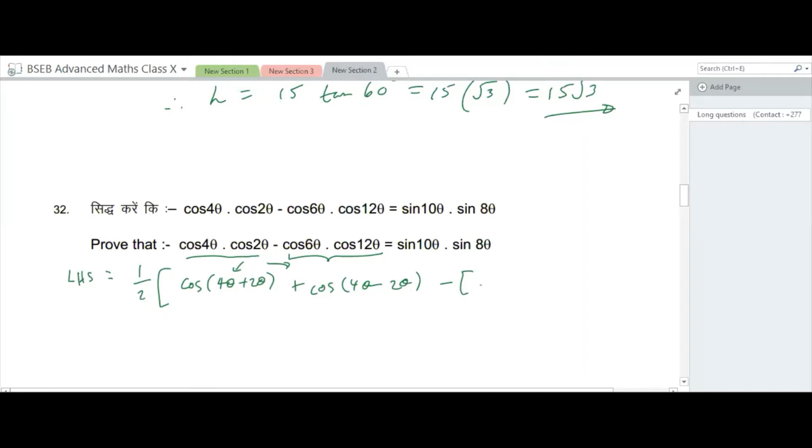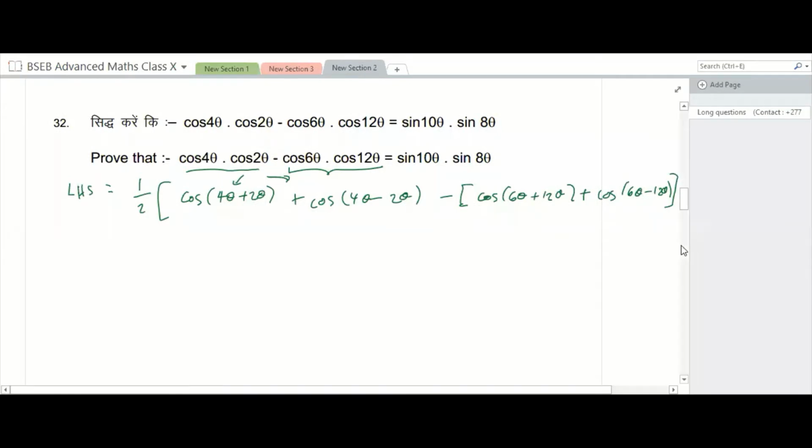What we can say here is cos of 6 theta plus 12 theta, plus cos of 6 theta minus 12 theta, which is equal to half.